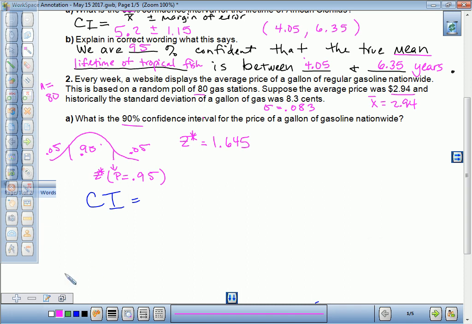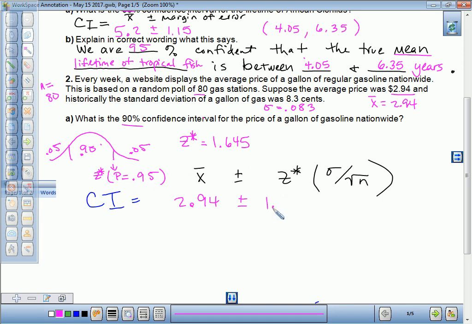So now let's refresh ourselves with this formula. It is X bar plus or minus Z star times sigma over square root of n. Now, X bar is the mean, and it tells us here that the average price was $2.94. So $2.94 goes here. Plus or minus Z star, that's the Z score associated with the confidence interval.